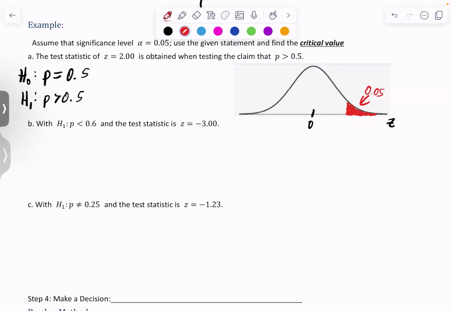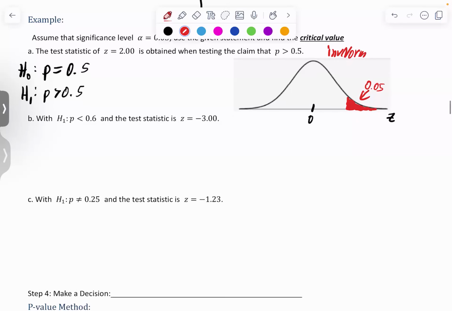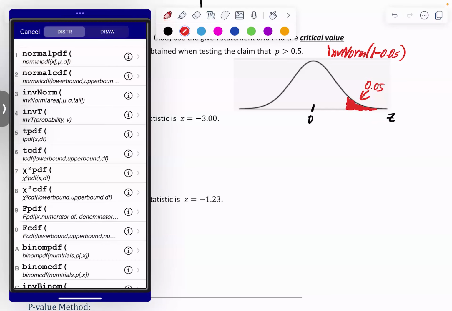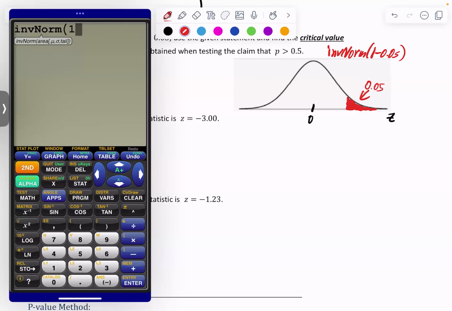And I'm going to find the critical value by doing inverse norm, meaning the value that's on the z-axis. Inverse norm of 1 minus 0.05. Remember, inverse norm only knows area to the left. Inverse norm is the third one down. 1 minus 0.05.